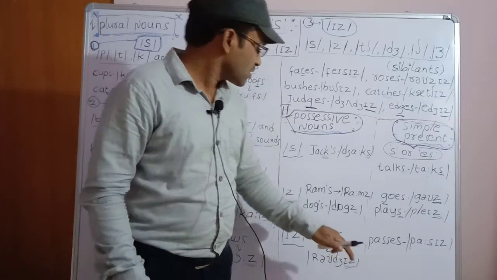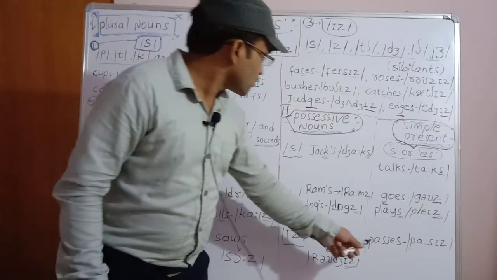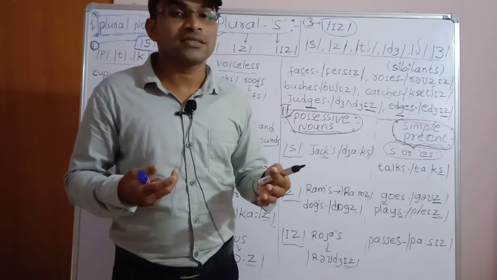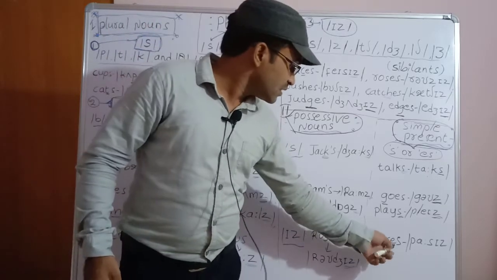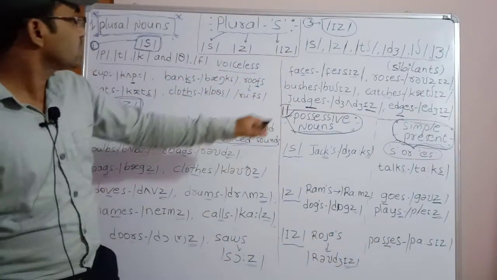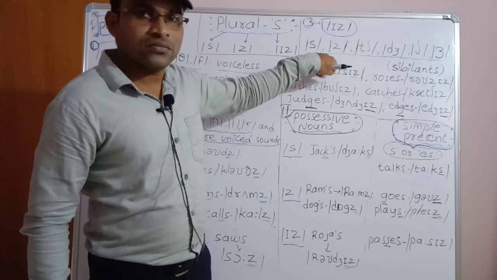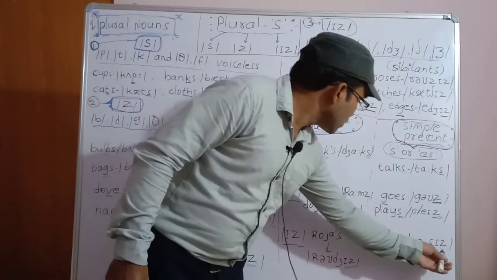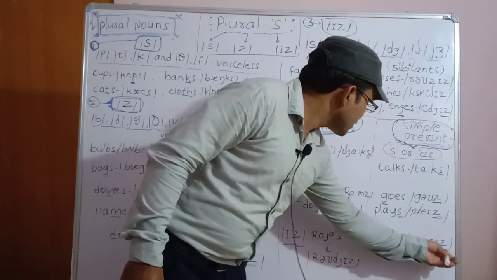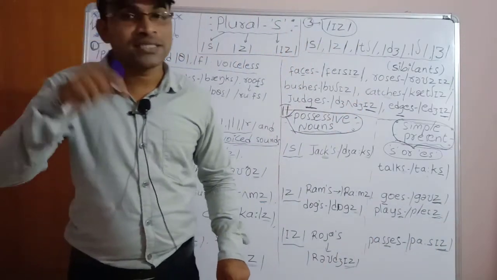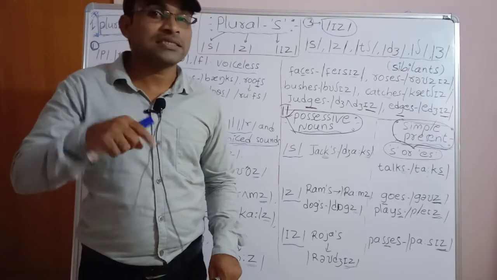Plays. Third one, pass, P-A-S-S. The suffix es, here the last sound is sa, so it is pronounced as is. Passes.